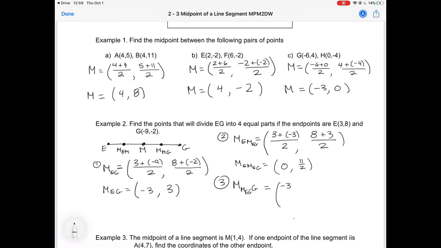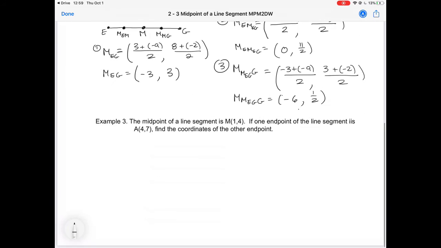So I'm going to add my x-coordinates together, divide by 2, and then I'm going to add my y-coordinates together and divide by 2. This will give me my final midpoint to break that original line segment up into 4 equal pieces. And my final point is going to be 6 and 1/2.